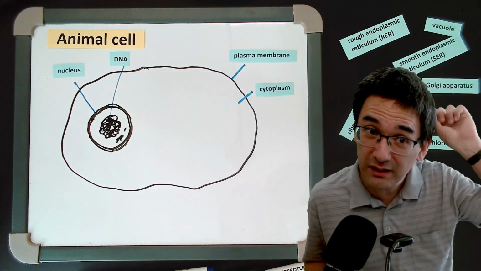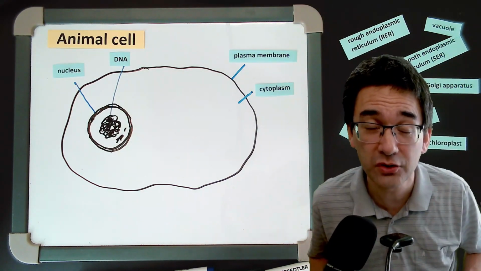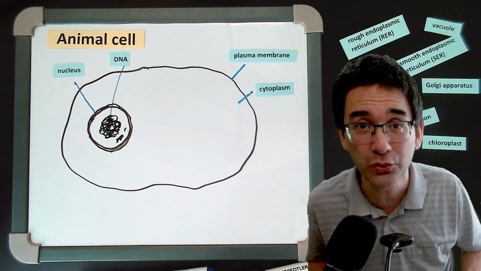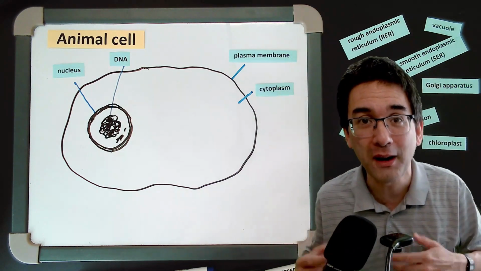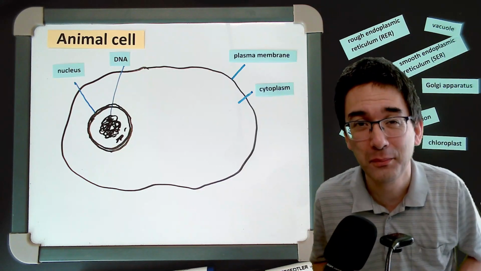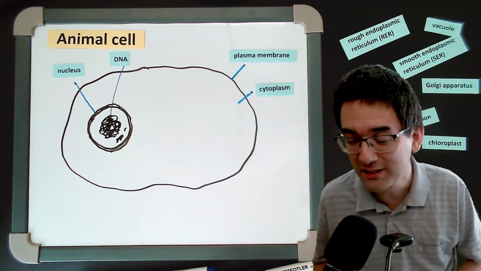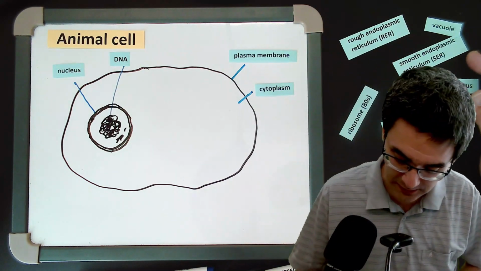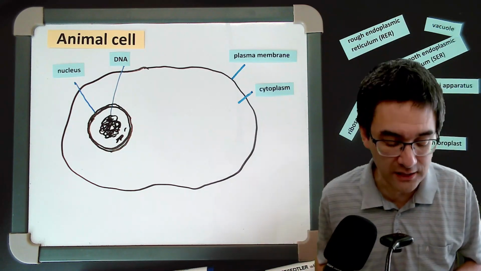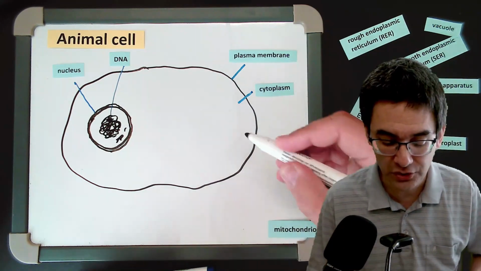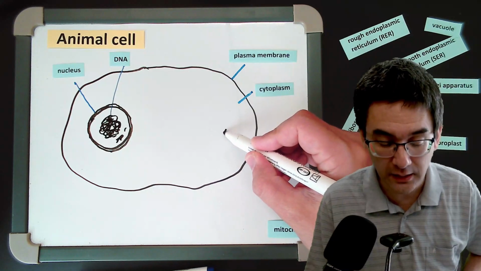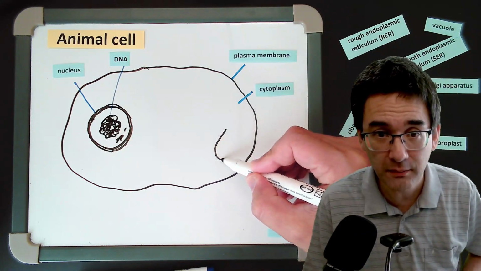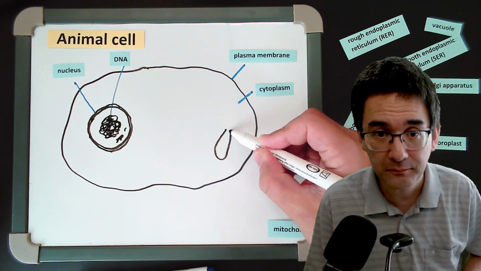What else is there in the eukaryotic cell? Well, there are so-called mitochondria, and those mitochondria are what you call the powerhouse of the cell. But actually a better way of saying it is that this is the place of cell respiration. So mitochondrion is the singular. I'm going to draw it first. Again, I'm drawing a line, and this means that this is a membrane.